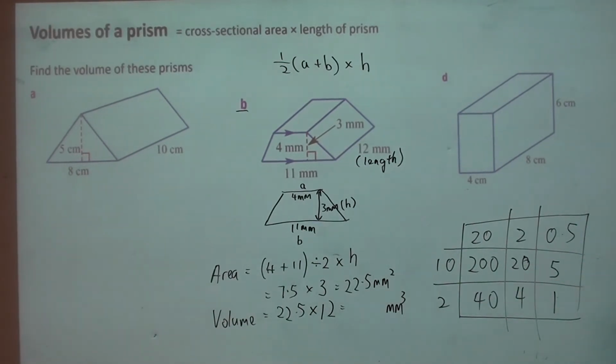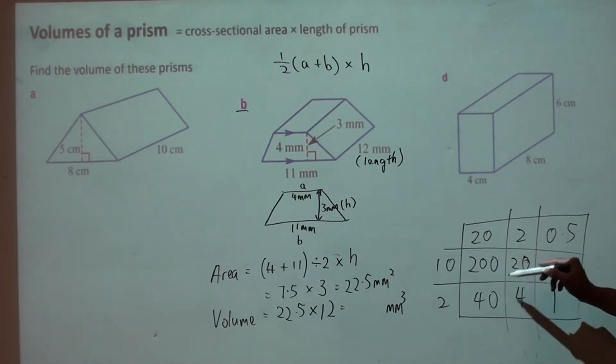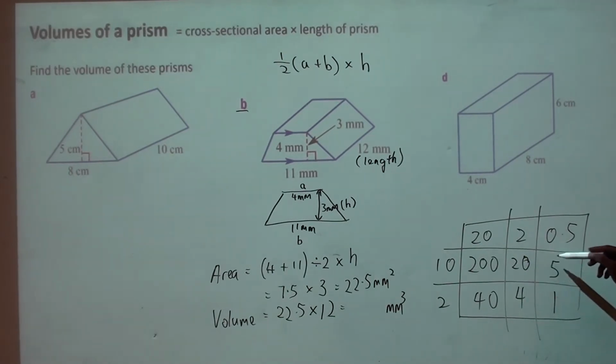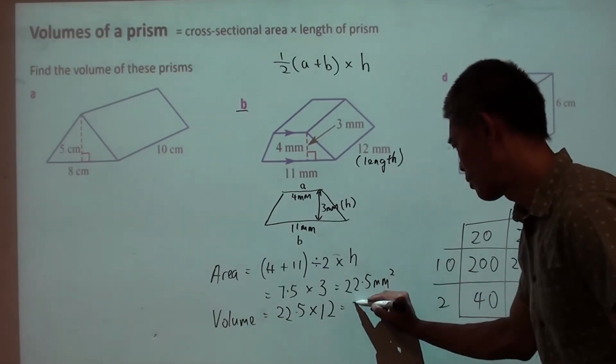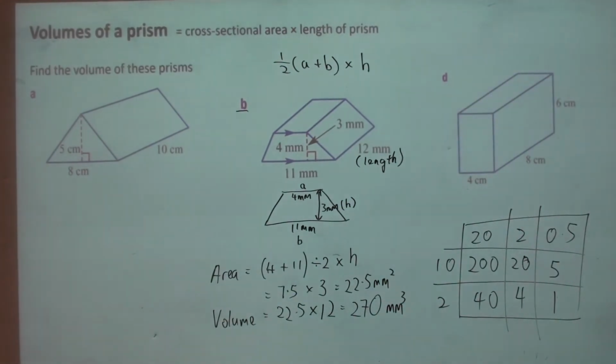Now, so it adds up really easily. 200, so there's 240, 260, 264, 269, 270. 270 millimeter cube.